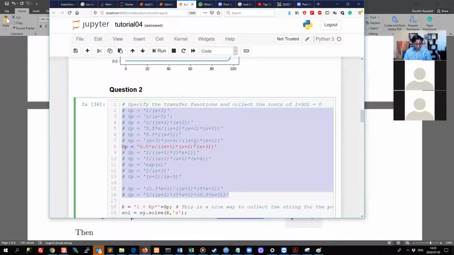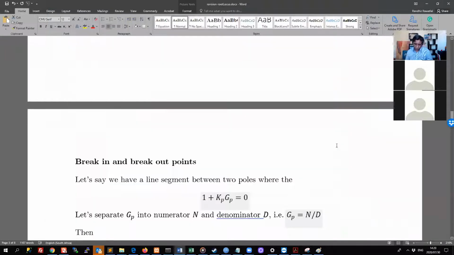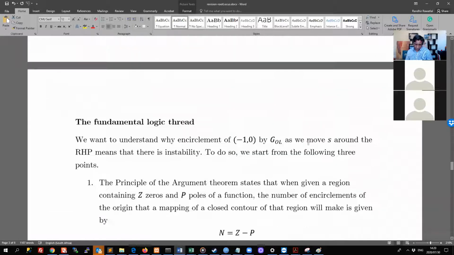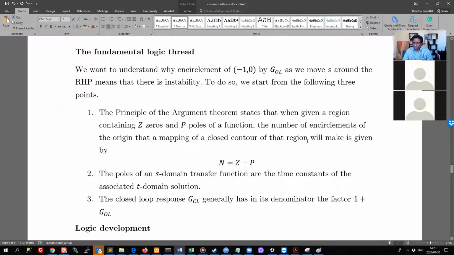Okay, so can we move on from root locus diagrams? Now, of course, everything is in the set of videos, right?